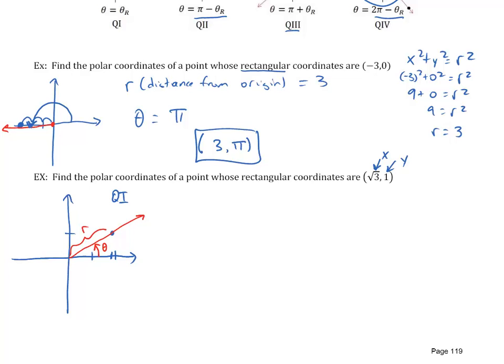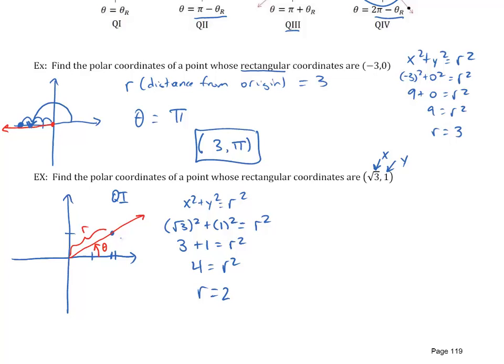We've got the point plotted, so step 2 is to find r. We'll use x squared plus y squared equals r squared. So square root of 3 squared plus 1 squared equals r squared. That's 3 plus 1 equals r squared. 4 is equal to r squared. R then is equal to 2. Now, of course, keep in mind we have talked about r having a negative value, where we just go in the opposite direction.